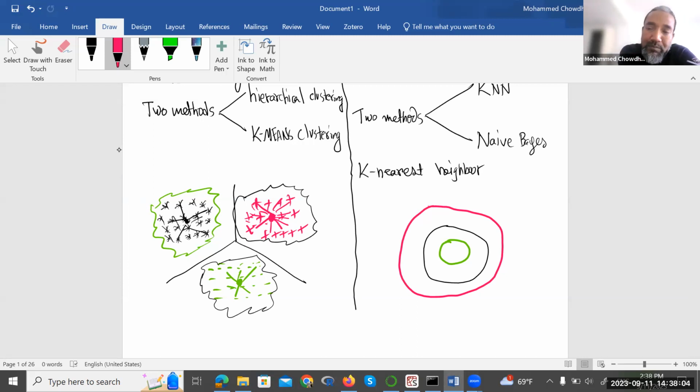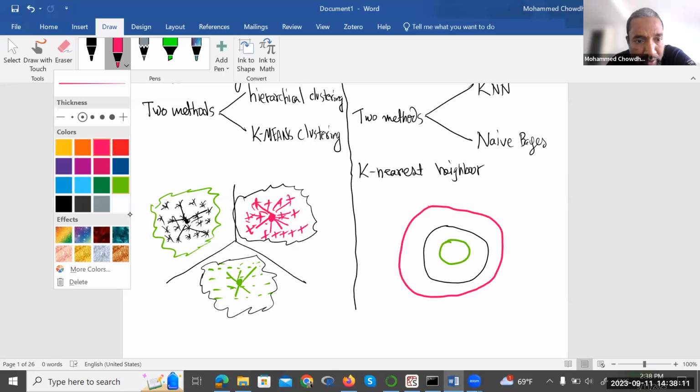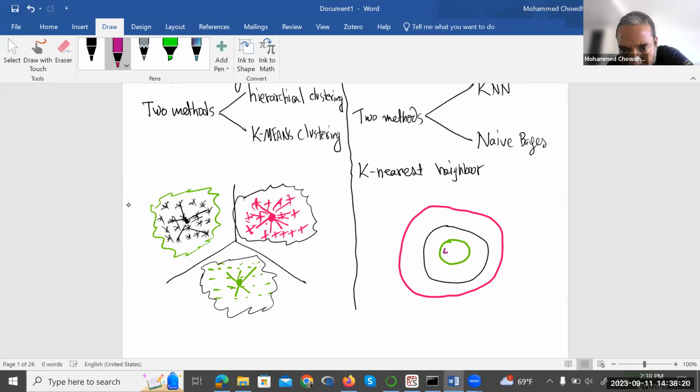In this circle, suppose there are, let me put a totally different color, let me put here purple color, suppose we have a triangle in there, and then there is a circle. There is another triangle in there, and then there is a square. Take a look at that.